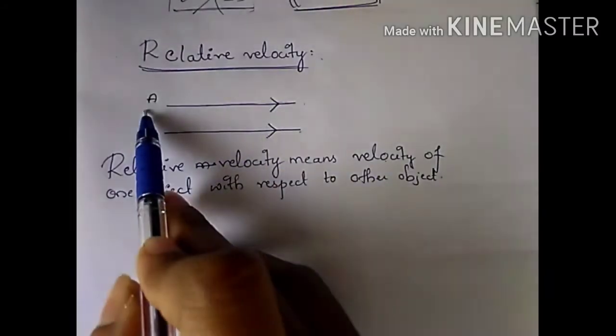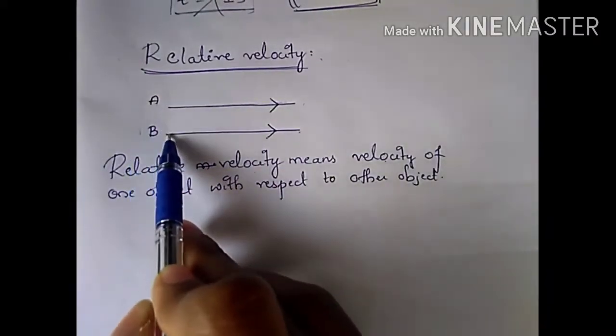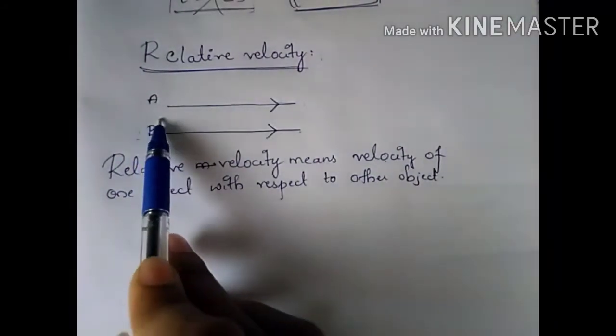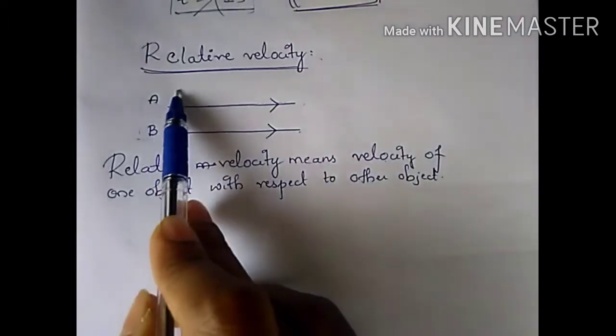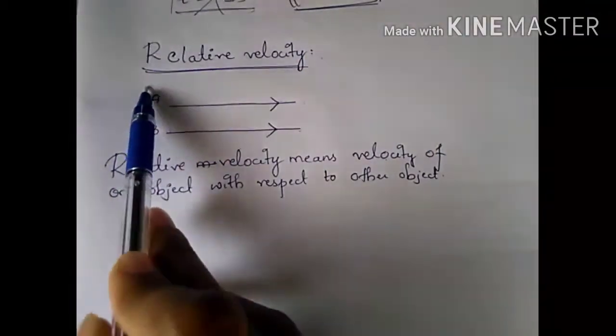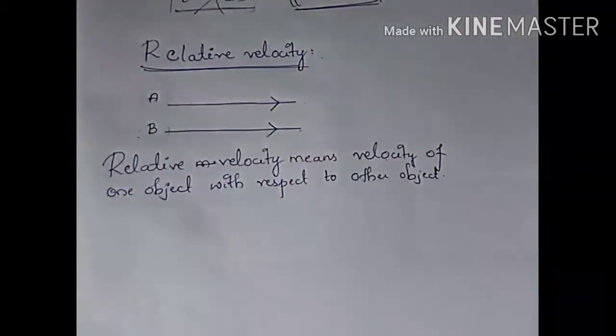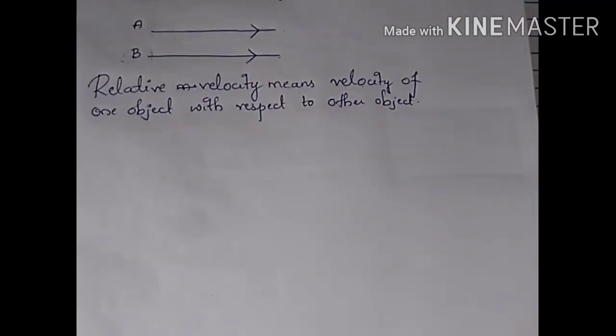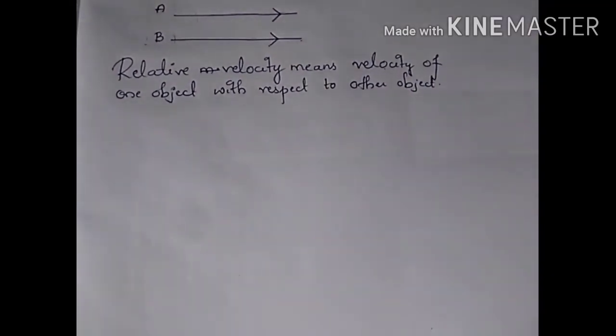So let's suppose we have two objects here, A and B. If you define the velocity of B with respect to A, then there is a relative velocity. You can also define the velocity of A with respect to B. So this is the definition for the relative velocity of an object.